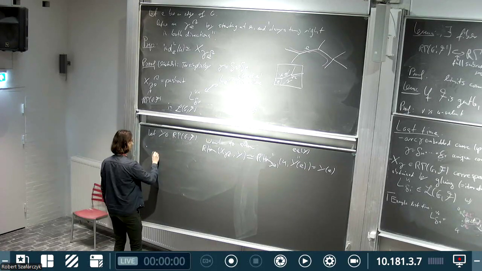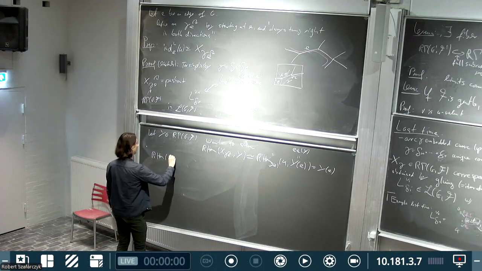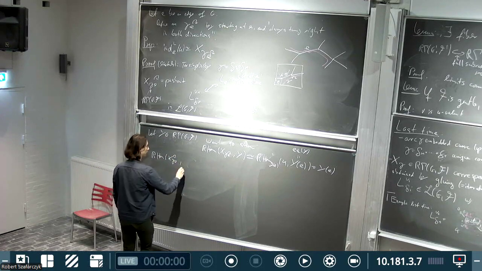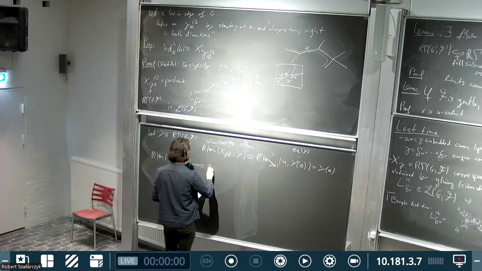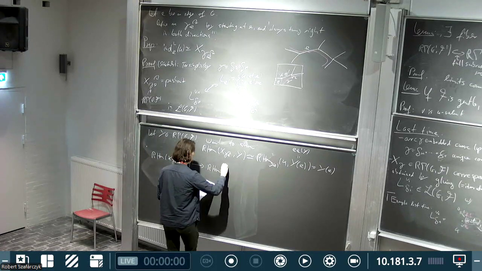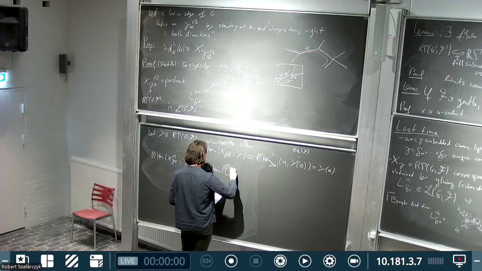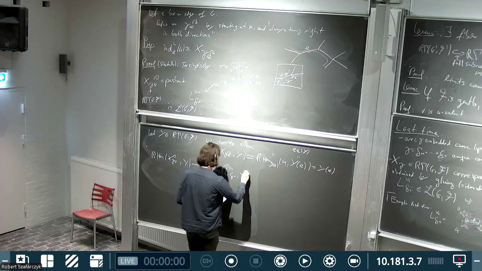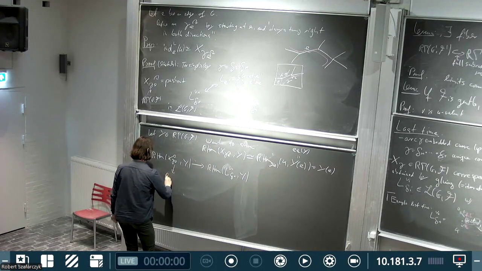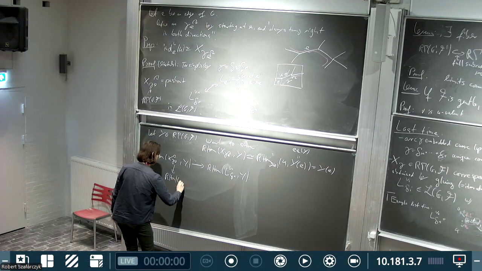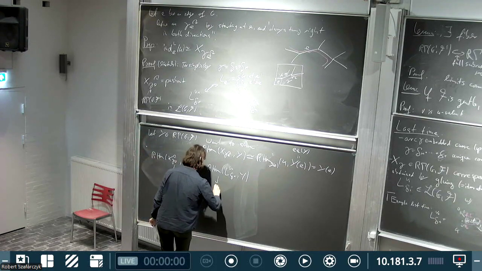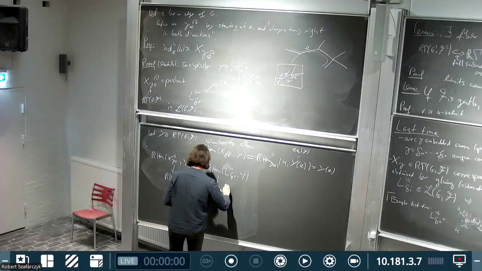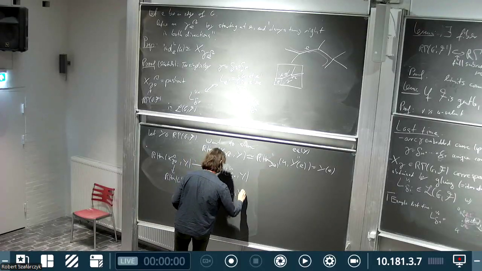So R hom from gamma_E right turning to Y will be the pullback of R hom of L E1 delta 1 to Y and R hom of L delta 2 E2 to Y, and here we have R hom of L E prime to Y.